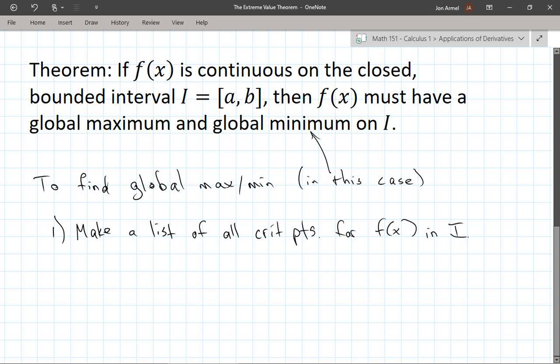Of course you could have a global max at a local max, so that's the sort of thing we're looking at. We have to check all the critical points, and we have to check the endpoints.